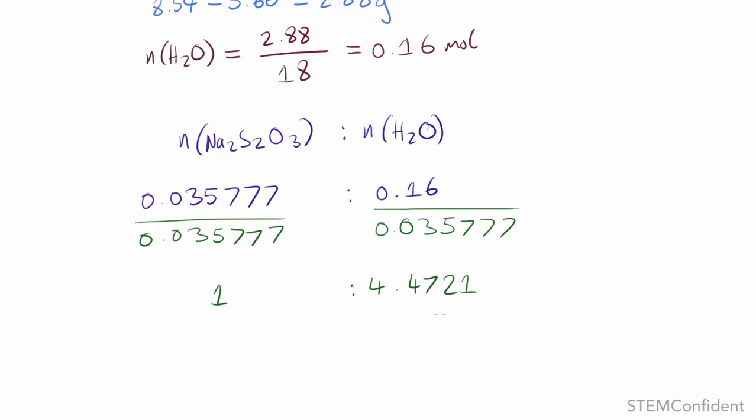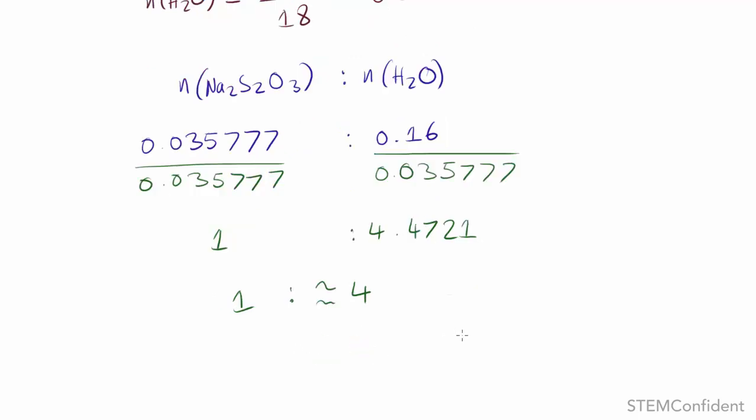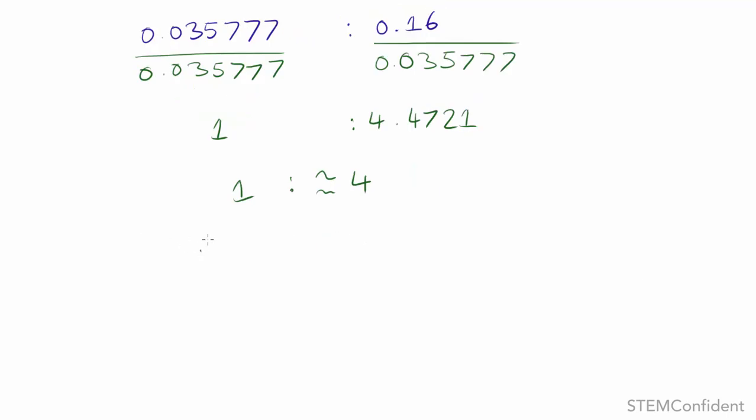Now, X actually does need to be an integer value, so I'm going to round the value that I've got for H2O to the nearest integer. Even though it's quite borderline, it does ultimately round to 4. So this would be a 1 to approximately 4 ratio, and therefore we can say that X is equal to 4.